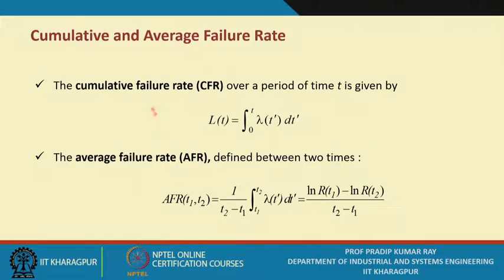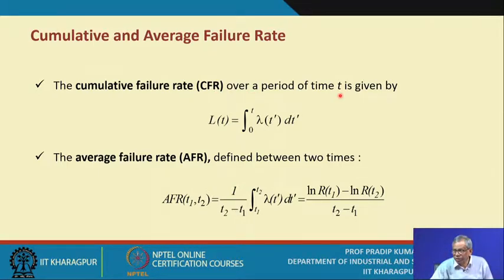From this instantaneous failure rate you can compute the cumulative failure rate as well as the average failure rate. So how do you get the expression for the cumulative failure rate, which is referred to as the CFR, over a period of time t?